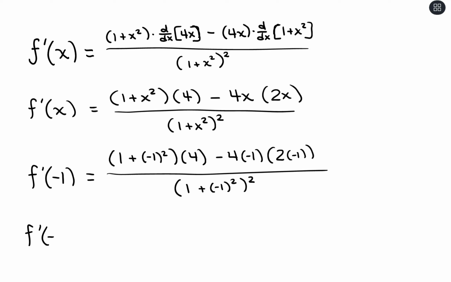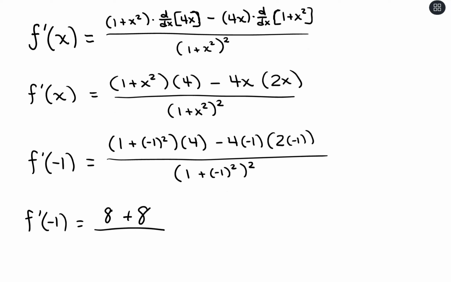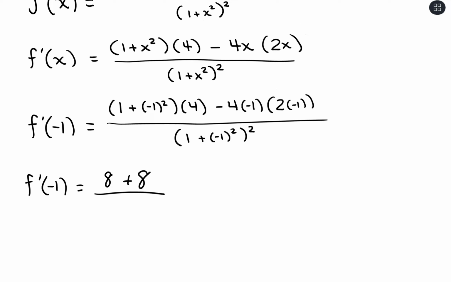And then we simplify. So let's see, 1 plus 1 is 2 times 4 is 8, minus 4 times the negative 1, so positive 4 times the negative 2 is negative 8, all over 1 plus 1 is 2, and squared is 4.